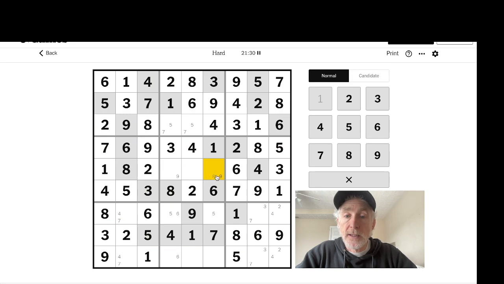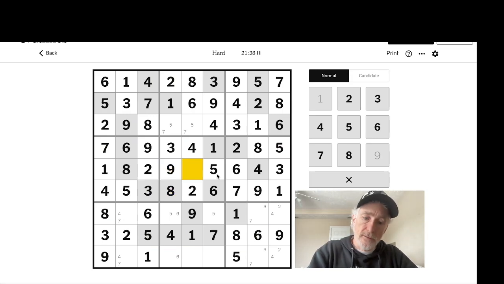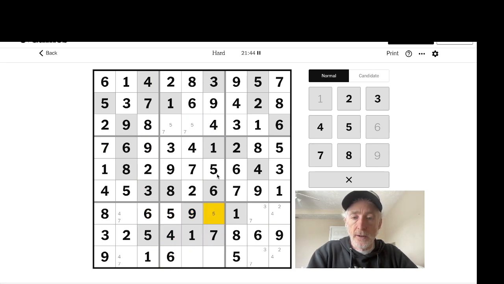So let's see, we're down to a triple here, which is a 5, 7, and 9. Okay, so let's see, 7 and 9, look at this cell. So this is our 5. This is our 9. This is our 7, right? This can't be 5 anymore, so 5 goes here, 6 goes here. All right. What else can we do? All right, we can fix this.